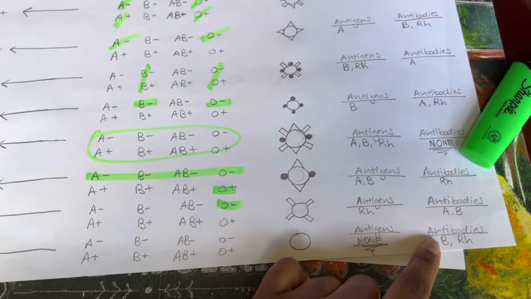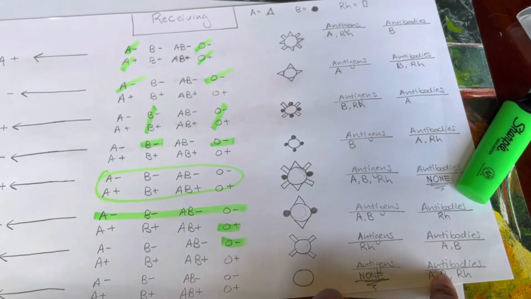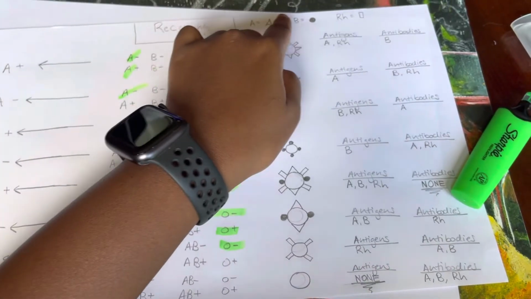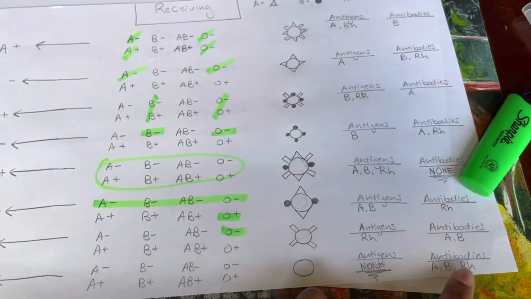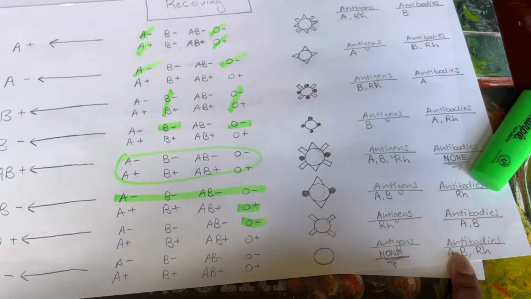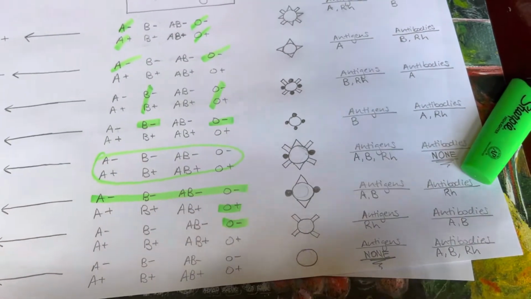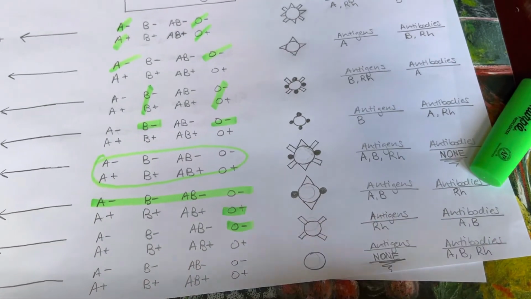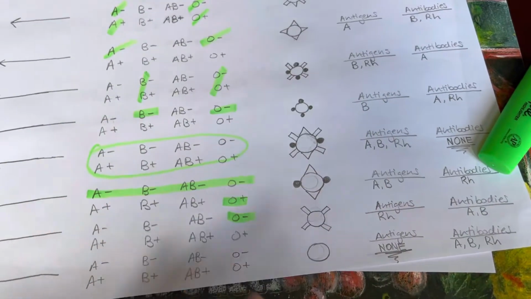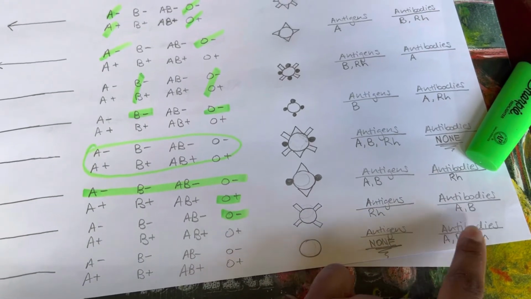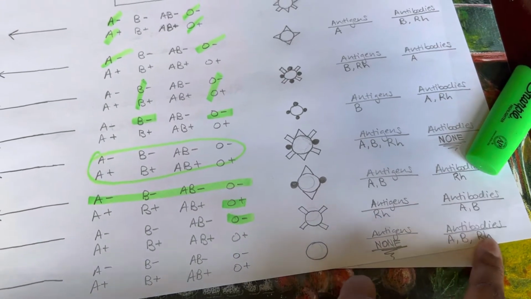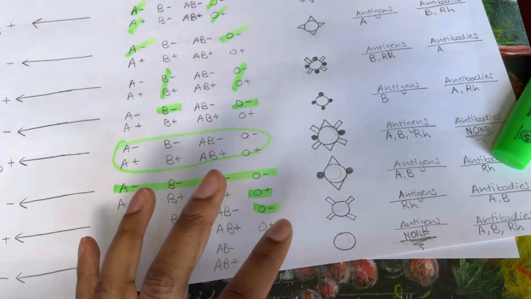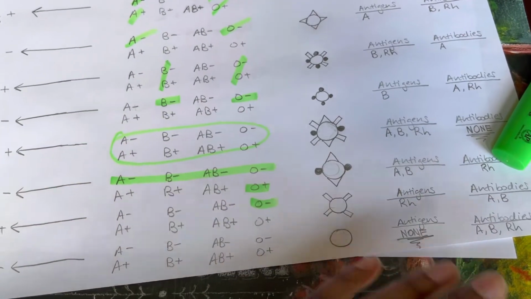So that means it fights against A, B, and RH. All of these that aren't on its surface become its antibodies. So if a blood transfusion happens and the person gets a B positive blood instead of the one it's supposed to get, that means these antibodies will start attacking it. All the antibodies for RH and B will start attacking that blood.